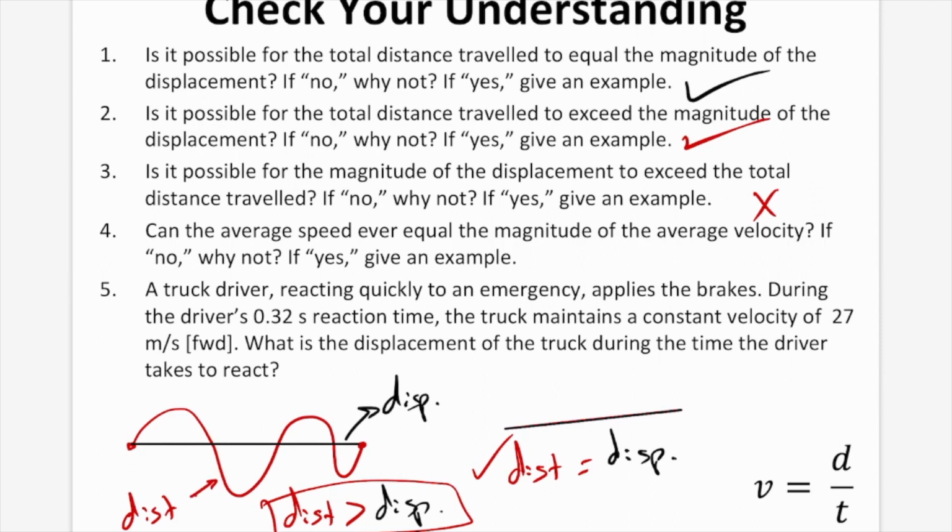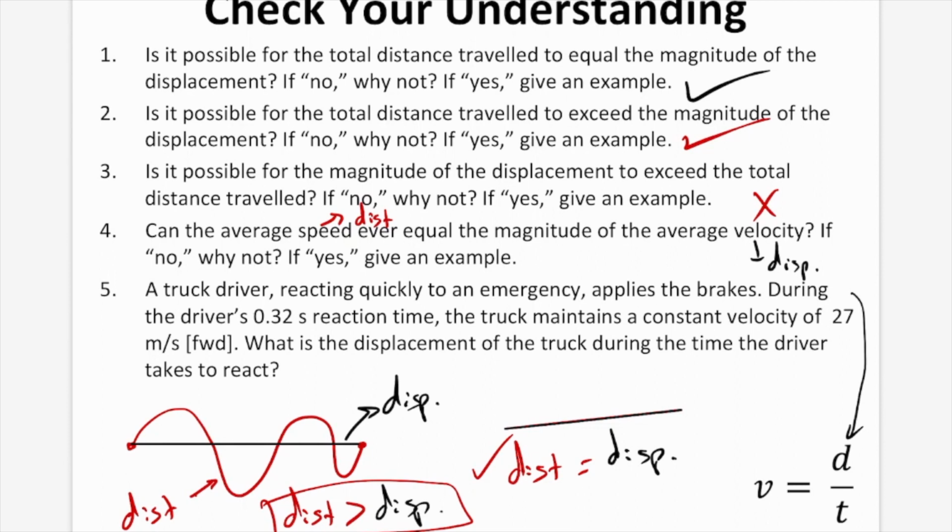Number 4, can the average speed ever equal the magnitude of the average velocity? If no, why not? If yes, give an example. Well, yes. Speed here is going to be our distance, and our velocity is going to be our displacement. Since they're both located on the same part of the equation, both above the time, and we know that distance will either equal or exceed displacement, our numerator will be bigger, therefore our right side will be bigger or equal to, right?